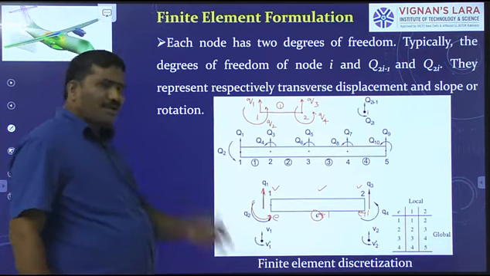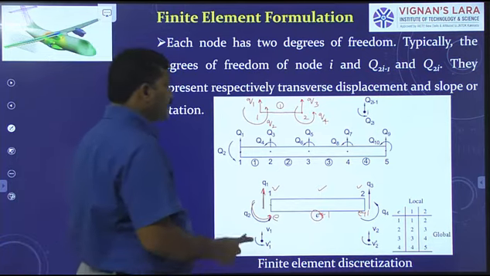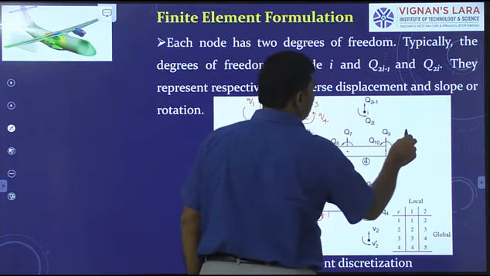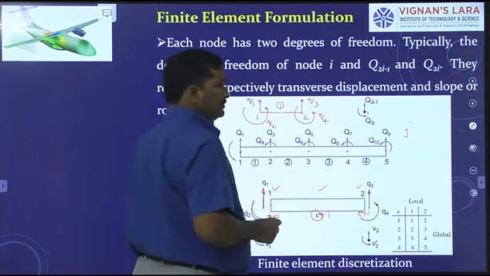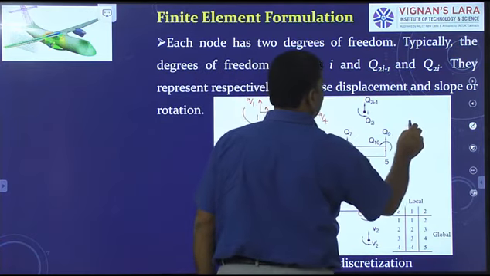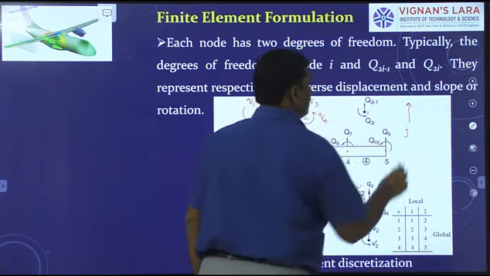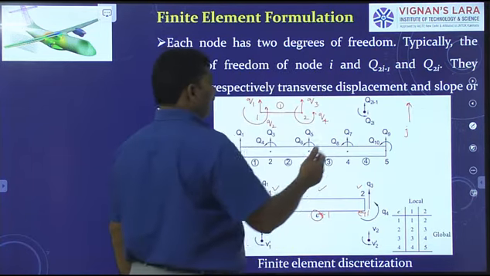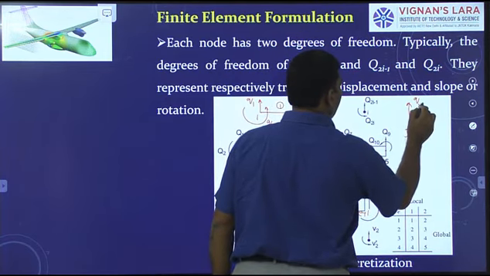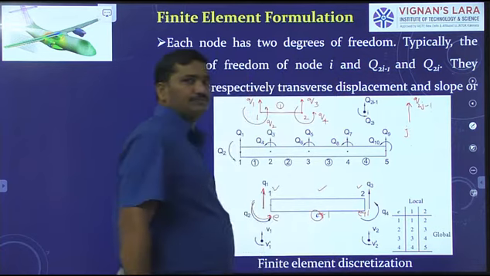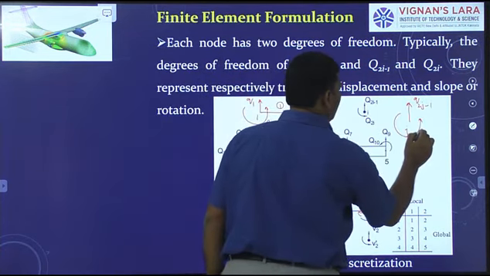Understand? To represent the degrees of freedom, what convention do I follow? If J denotes a node, the beam deflection at the node J is denoted by Q2J minus 1 and the slope by Q2J.